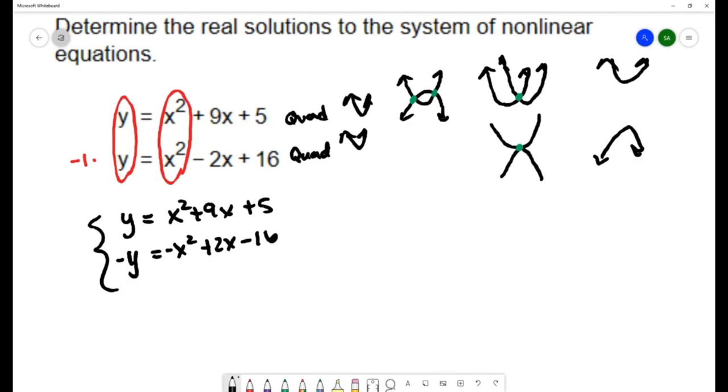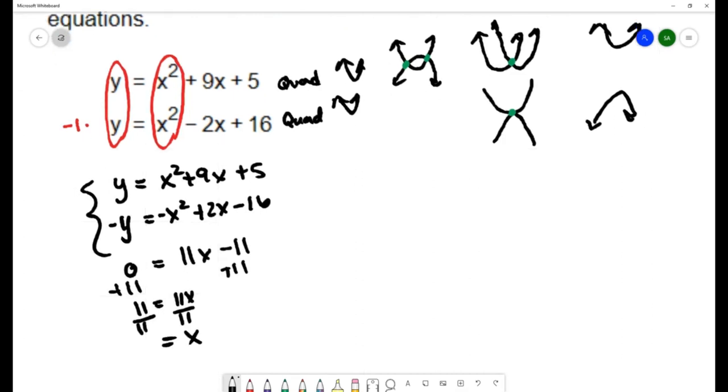The y's will eliminate, the x squareds will eliminate, so I'll have 0 equals 9x plus 2x is 11x, and 5 minus 16 would give me -11. I'll solve for x by adding 11 to both sides. That's 11 equals 11x. We'll divide by 11 to get x equals 1.